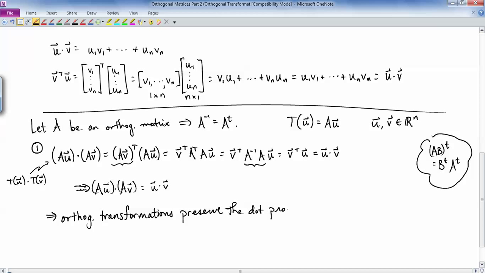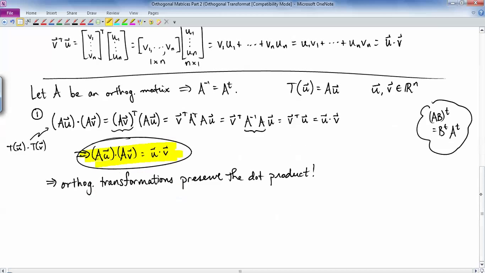Okay, so if you know A is an orthogonal matrix, then AU dot AV is the same thing as just U dot V. There are other ways of doing this too if you wanted to, but I don't know if you remember, actually, we haven't done it with matrices, so that's the way we're going to prove it. Okay, so now that we have this property, I'm going to highlight this.